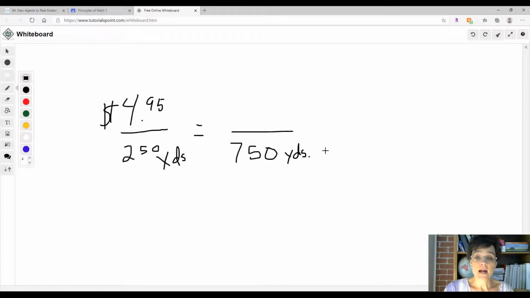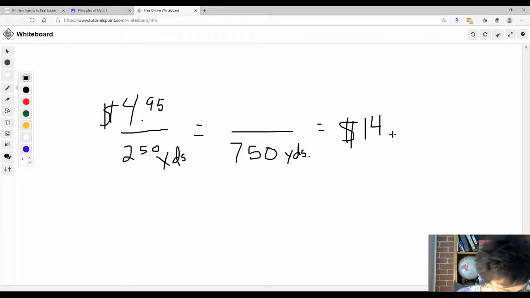Okay, all right, so your answer with doing all the calculations should have been $14.85. I hope you got that right. So basically, since we're trying to figure this out, these are proportions, they have to be equivalent fractions. So you got to figure out 250 times what equals 750.